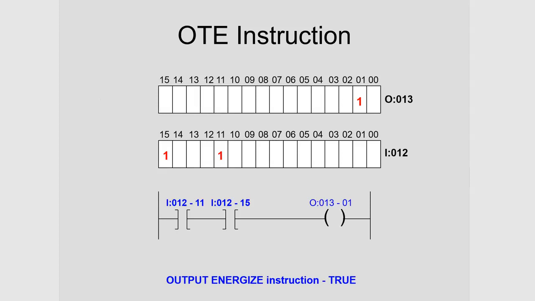Better look at it from a picture. So here we have a program. This is a one-rung program. We have one row from the input image table, and we have one row from the output image table. Notice that if you can imagine, I have my input module out here, and I got these screw terminals that I can connect wires from switches and buttons to, and each one of those input devices is mapped to a position in the input image table.